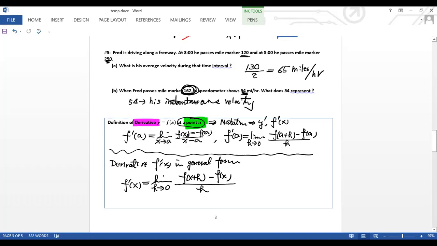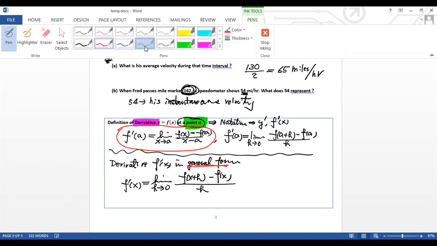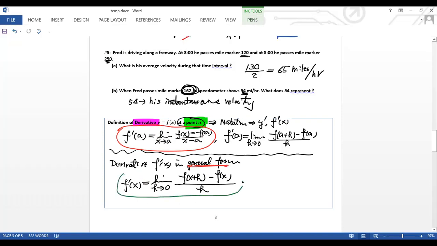If the problem asks you to find the derivative at a specific point, I typically like the first formula, I think it's a little easier. If they want the general form, this one will be easier to use.